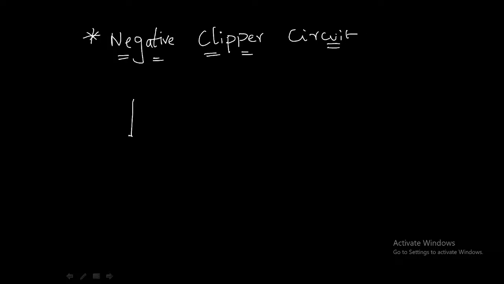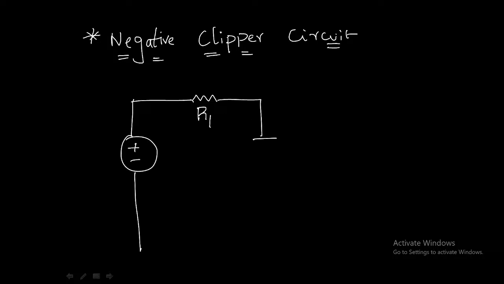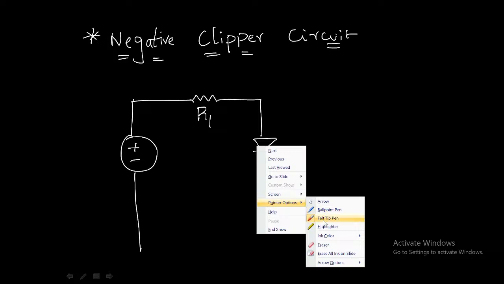Okay, so this is our voltage source, plus minus, and let's say this is our resistance R1, and this is our diode. Okay, let's change the direction of this diode.